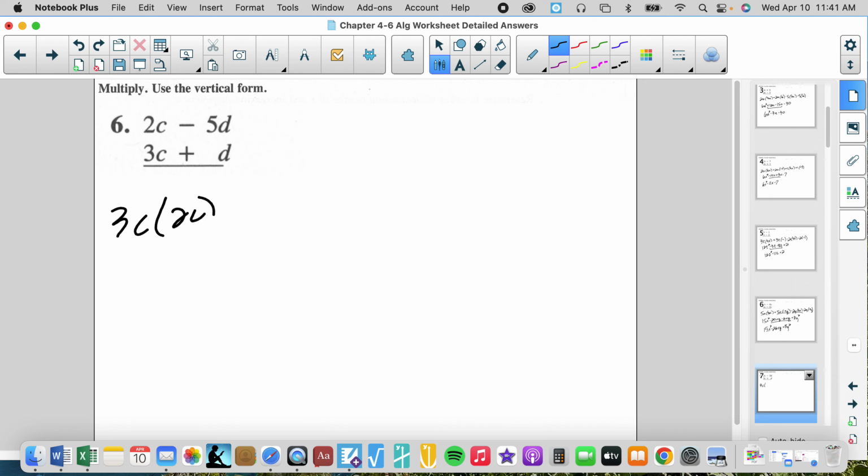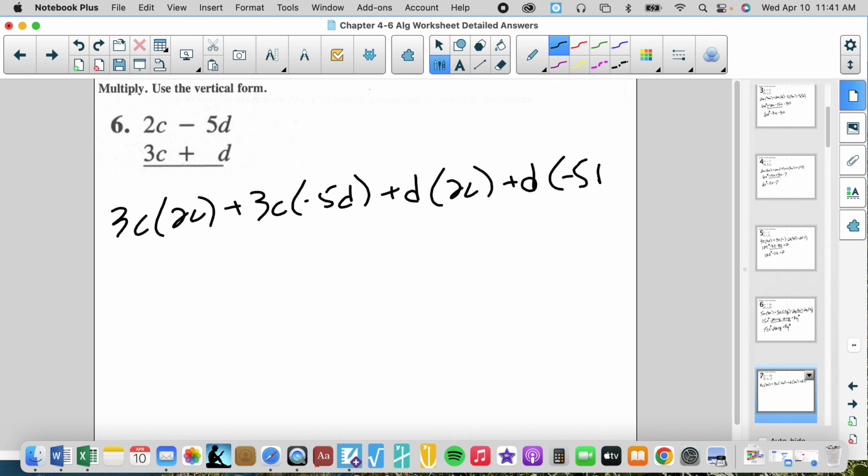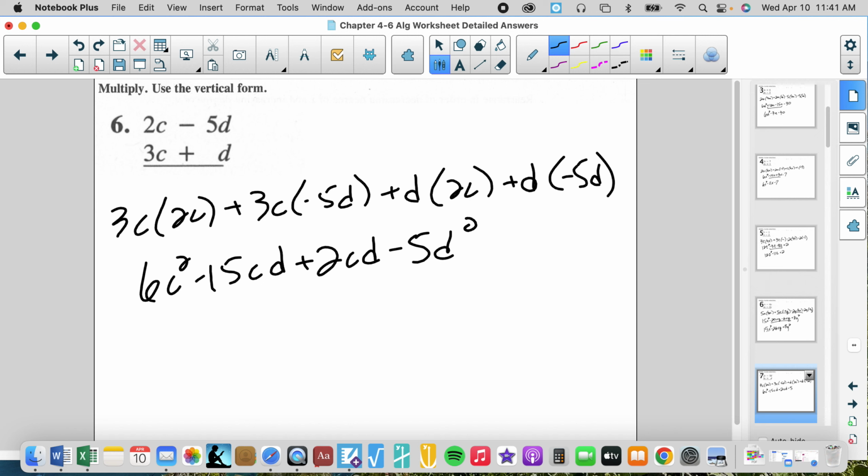3c times 2c plus 3c times negative 5d plus d times 2c plus d times negative 5d. 6c squared minus 15cd plus 2cd, don't write dc, minus 5d squared.